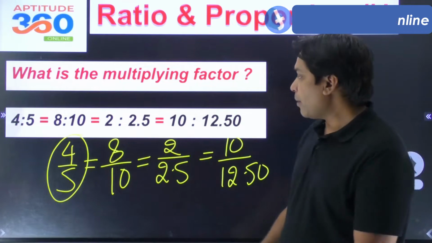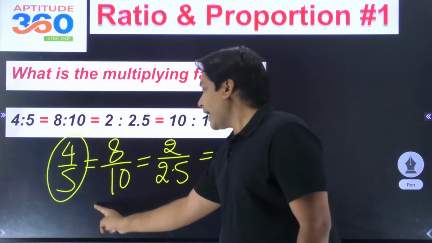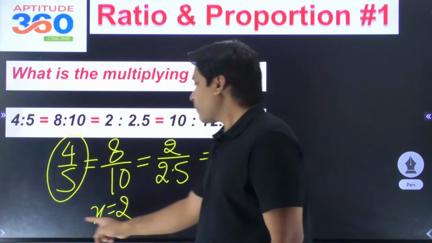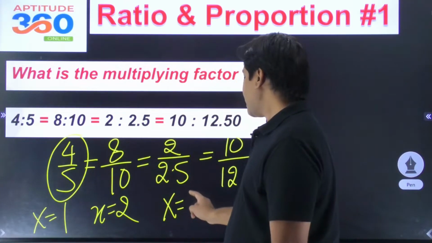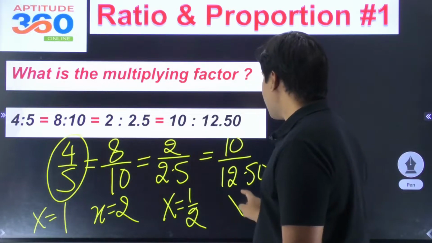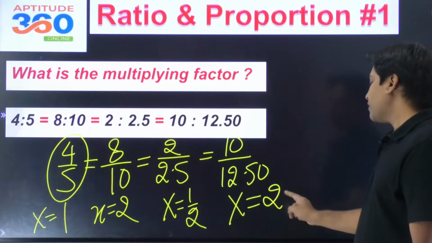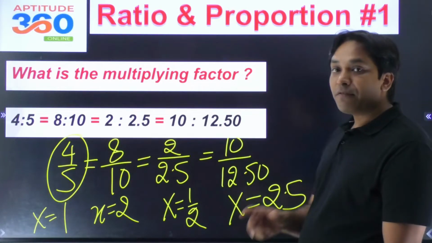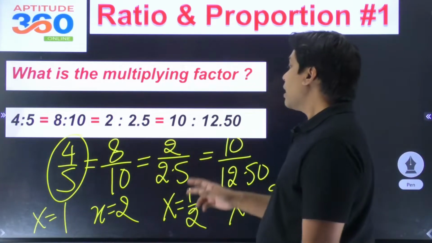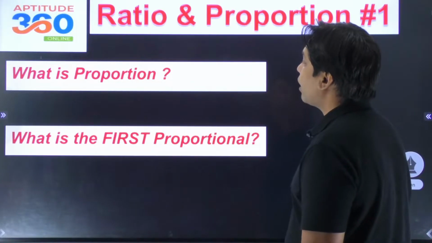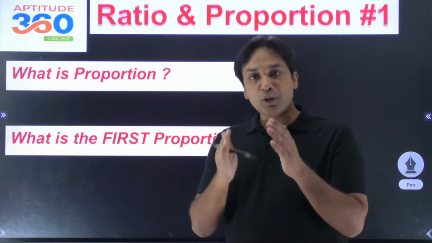Right, look here, this is 4 into 2, so x over here is 2. Here x is 1. Here x is going to be 1/2. Here x is 2.5. For every value of x you will be having a different set of values for what you are comparing. Now, so probably you are understanding what is ratio.